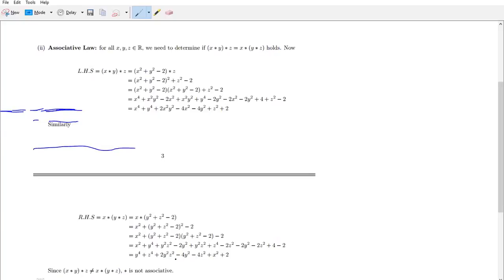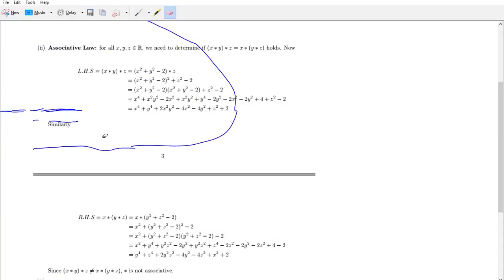Then after getting this as your solution, you compare this one and this one there. You compare these two. Pardon me for this.